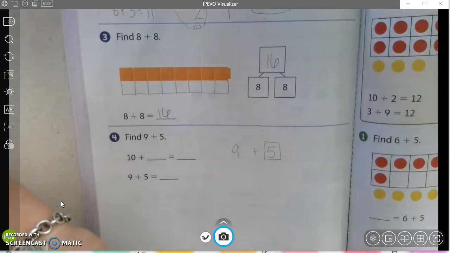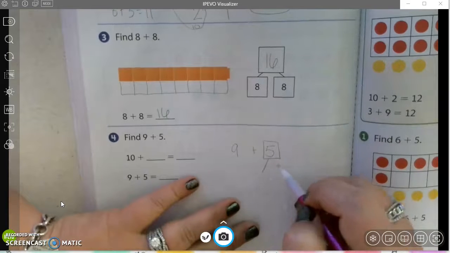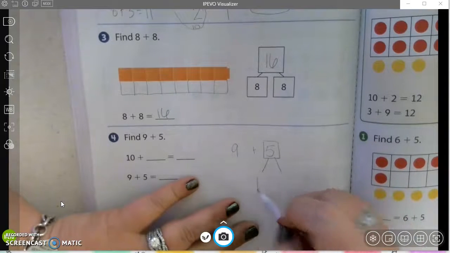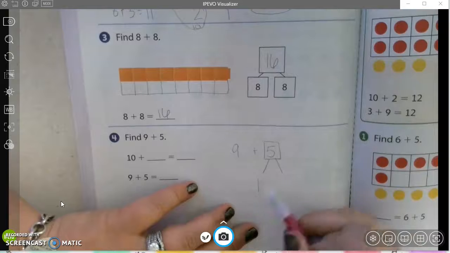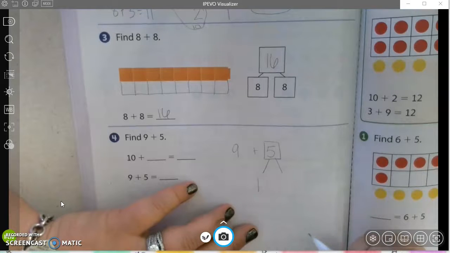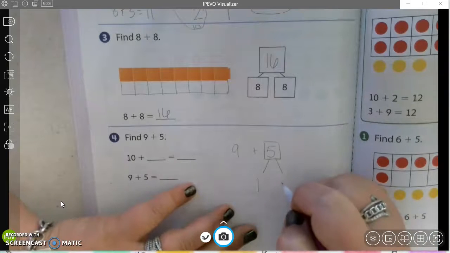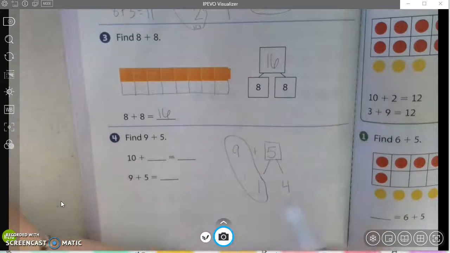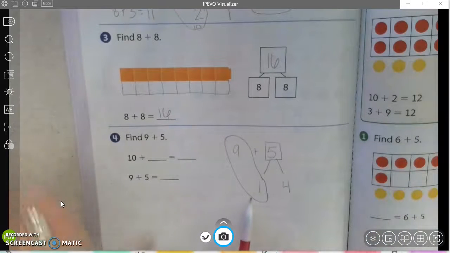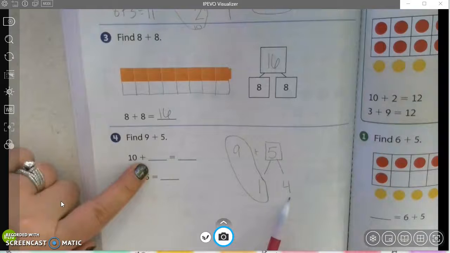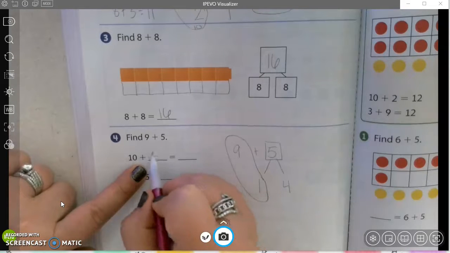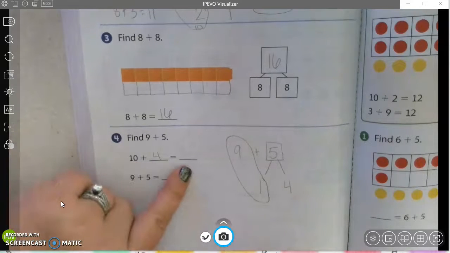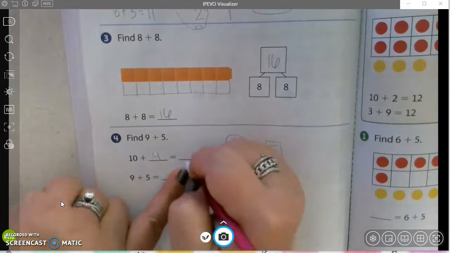How many more do I need to add to 9 to get 10? I need to add a 1, right? So I'm going to break this 5 into a 1 plus something. 1 plus what equals 5? 1 plus 4. Okay, so here's my 10. 10 and how many more do I have? 4. 10 and 4 more equal 14.